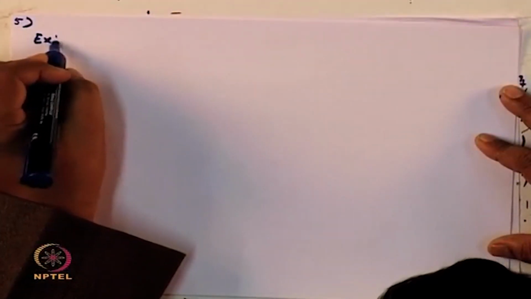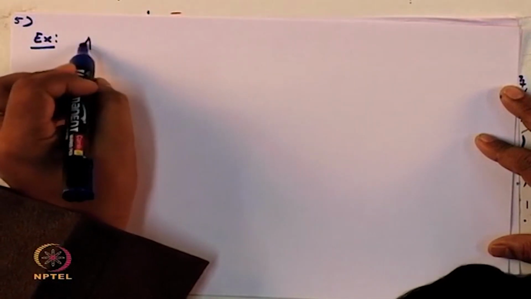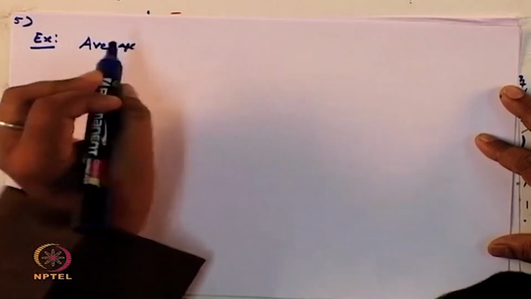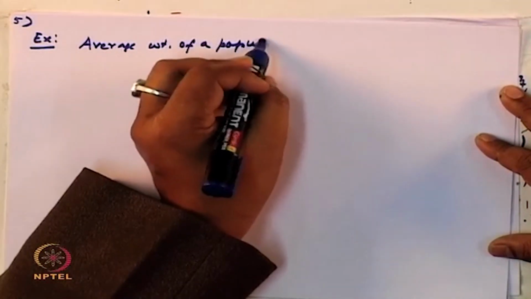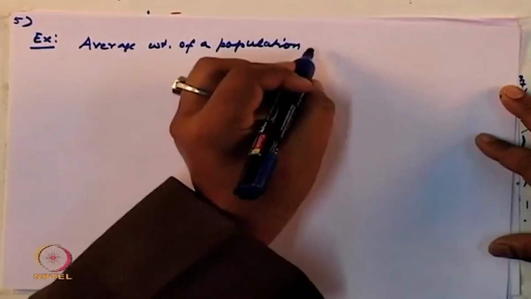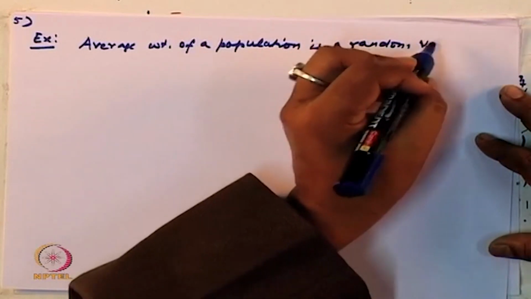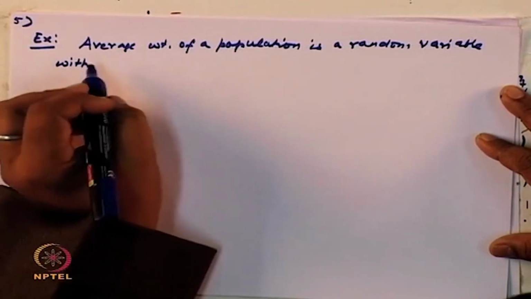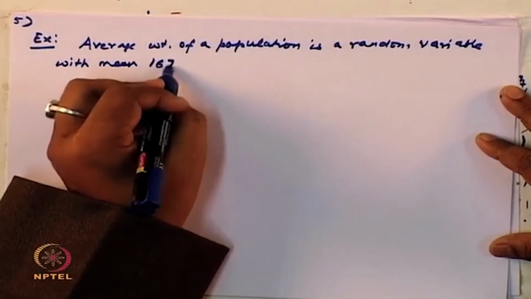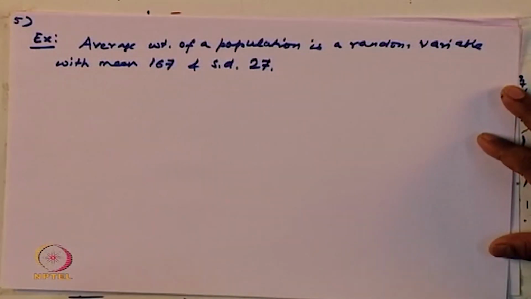Okay. So, let us take an example. The average weight of a population is a random variable with mean 167 and standard deviation 27. Okay.